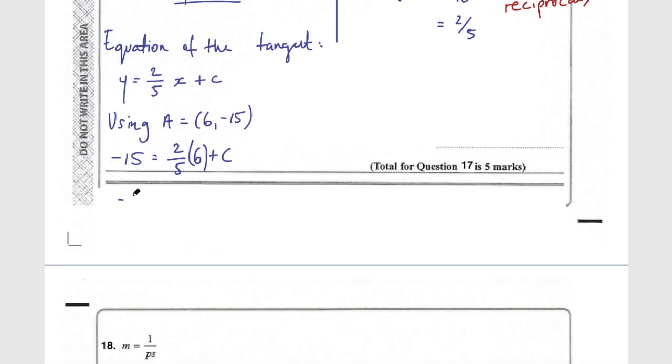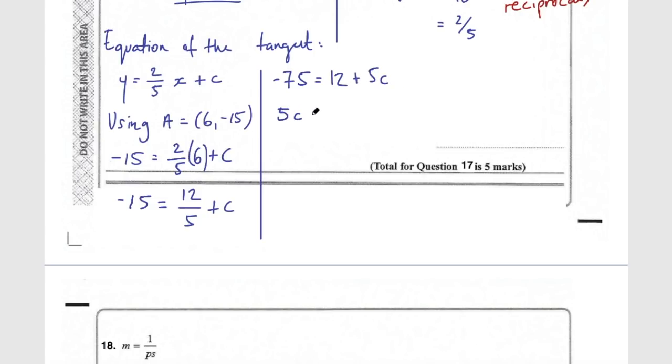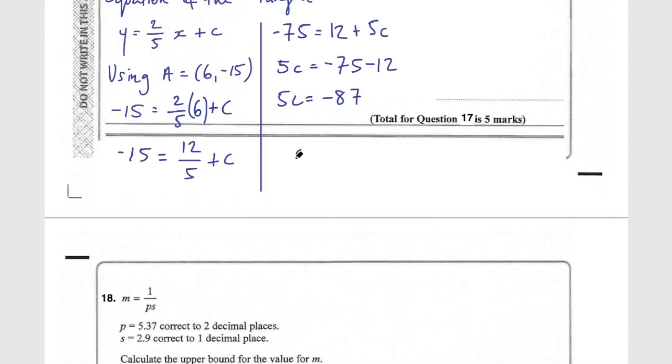So we get minus 15 equals 12 on 5 plus c. Then we can multiply everything by 5. So 15 times 5, that's 75 equals 12 plus 5c. So 5c equals minus 75 minus 12. So 5c equals minus 87, and then c equals minus 87 on 5.